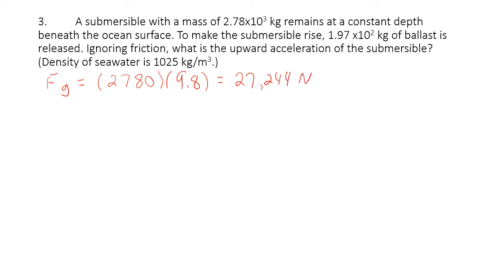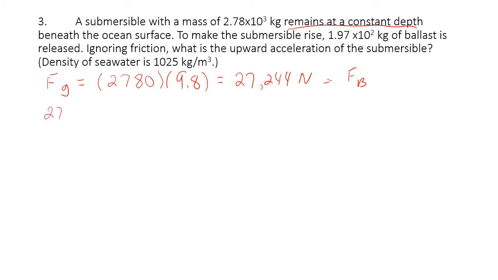That is equal to the buoyant force here, and we know that because the submersible is remaining at constant depth. So if it's not going up or down, that means the force of gravity has to be equal to the buoyant force.